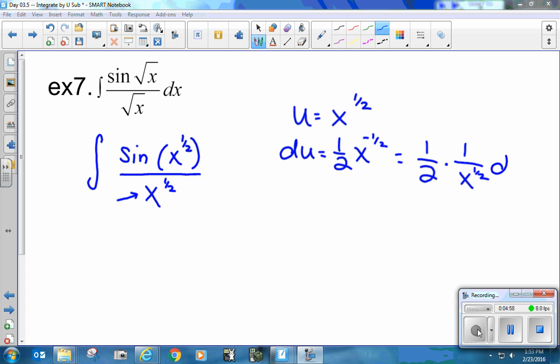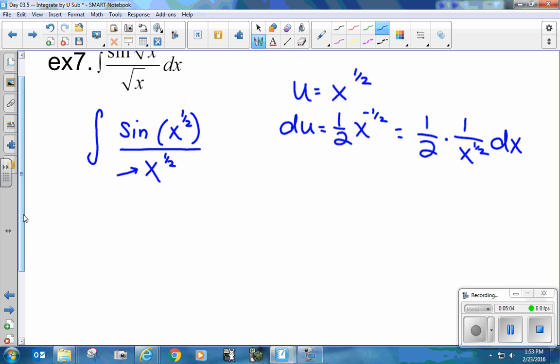Dx. So let's clean this up, what du is. Du is actually 1/2 x to the negative 1/2, which we wrote, right? Dx. We know that x to the negative 1/2 is the same thing as 1 over x to the 1/2, which is good, because I'm going to want this to substitute in, aren't I?